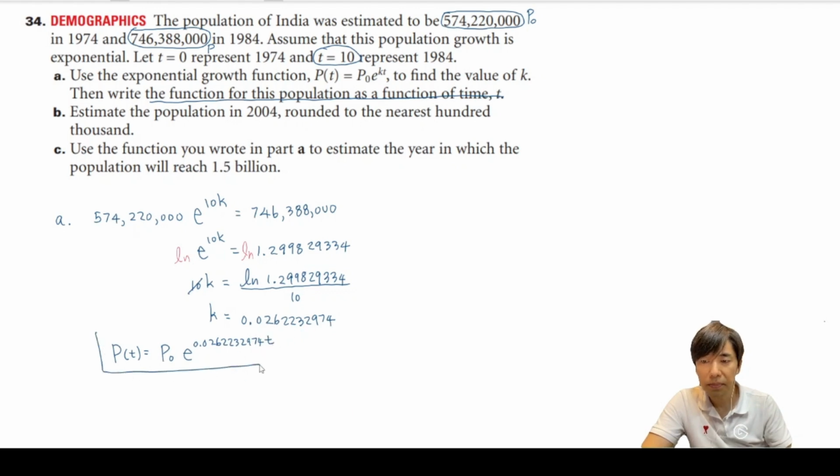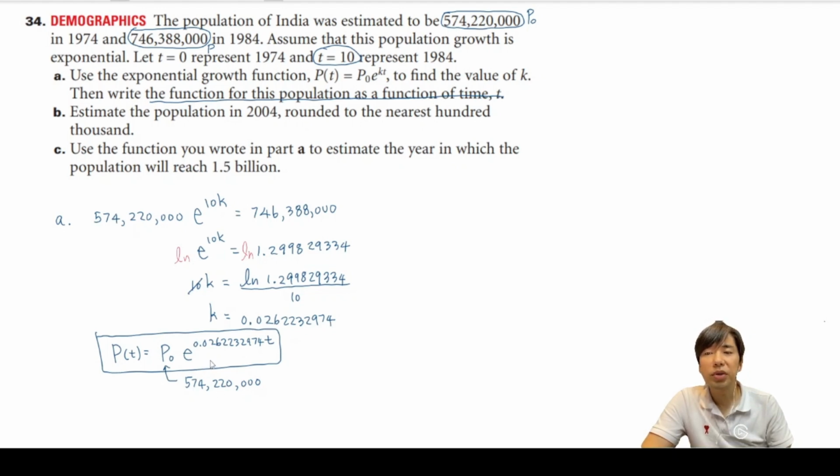Okay. And this P0 is, as you can see, 574,220,000.